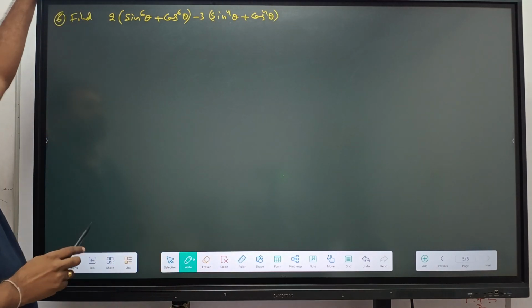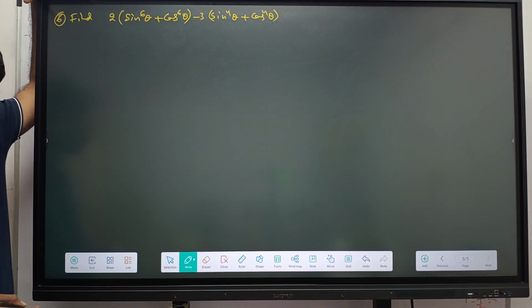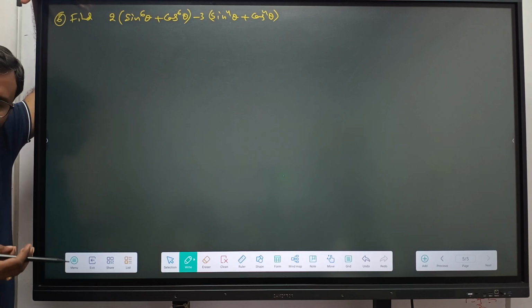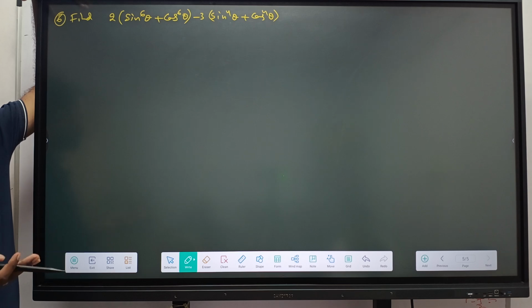See, a square plus b square is okay, but you also have to know the a cube plus b cube formula. Algebra formulas: a plus b into a minus b, a square plus b square, a square minus b square, a plus b whole square, a minus b whole square, a plus b whole cube, a minus b whole cube, a plus b plus c whole square, a cube plus b cube, a cube minus b cube. And if a plus b plus c equals 0, then a cube plus b cube plus c cube equals 3abc.